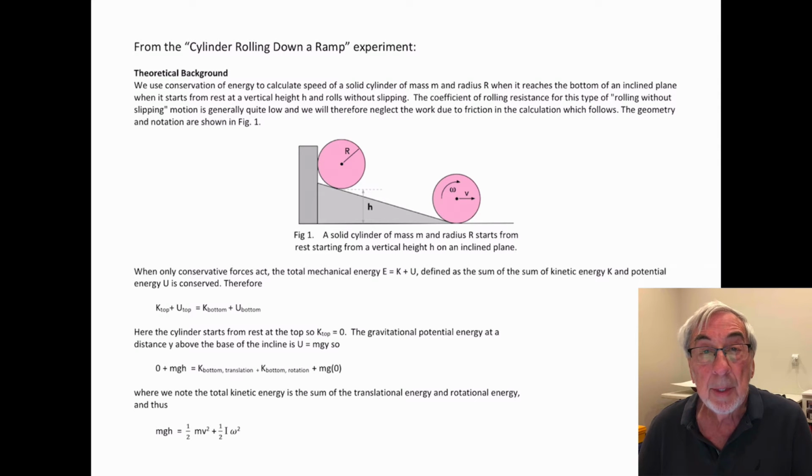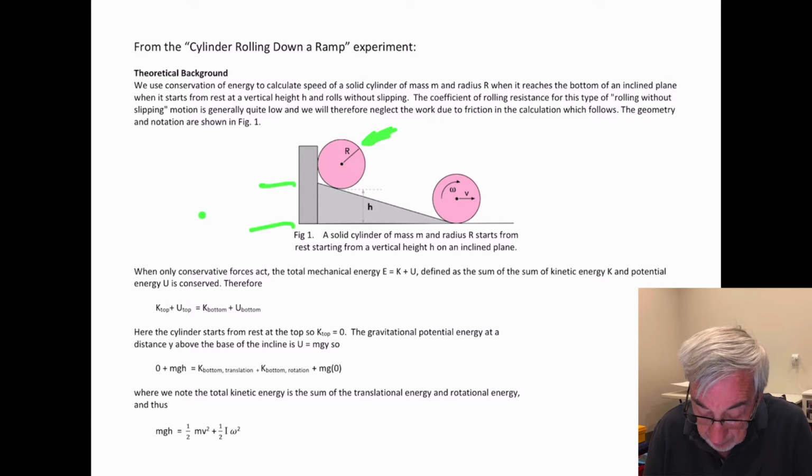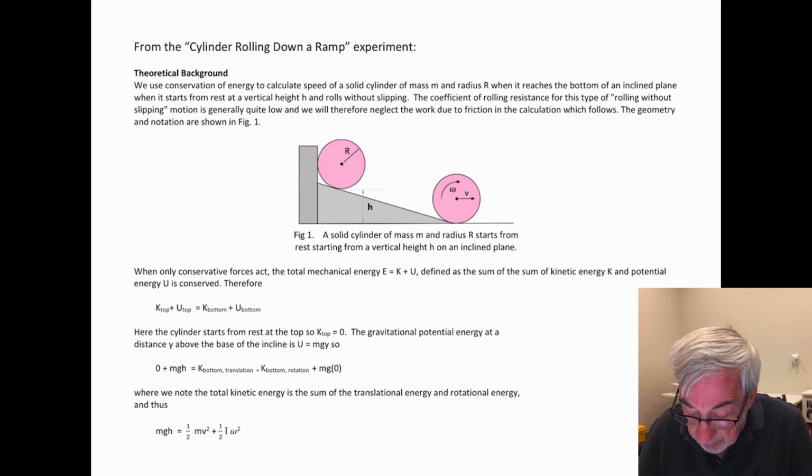Before we analyze this three-dimensional data, let me go back to the one-dimensional case, the case of the cylinder rolling down a ramp, and remind you what we did there. We looked at a cylinder starting from initial height h above the datum point.